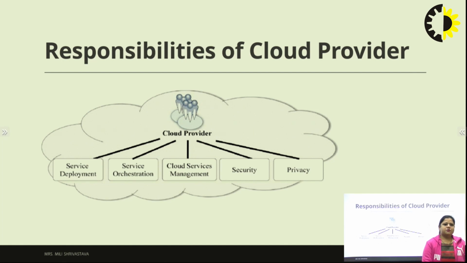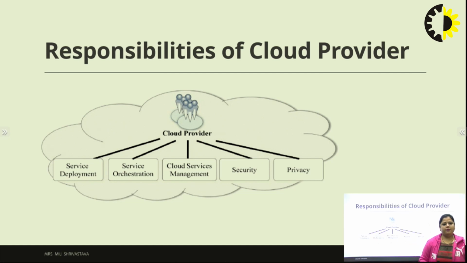So what are the responsibilities of a cloud provider? Basically, these are the responsibilities of a cloud provider. The first is service deployment and service orchestration, cloud services management, security and privacy.